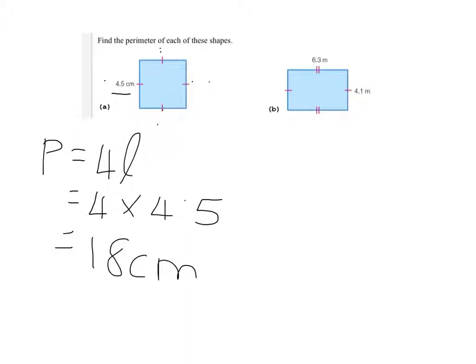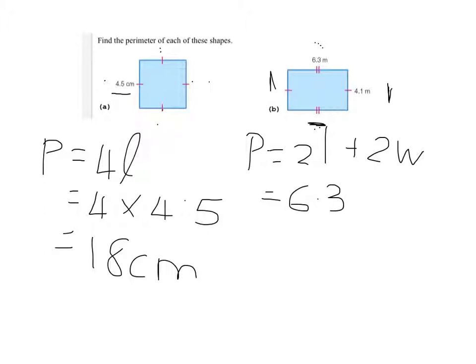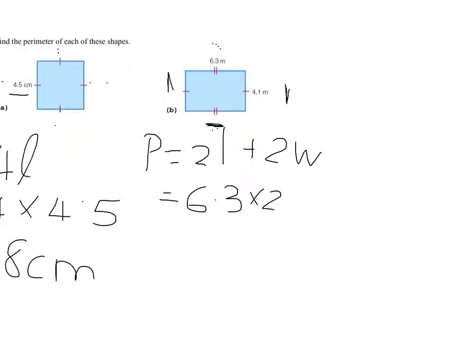Let's have a look here at this one. Now, remember we've got 2 lines there and we've got 2 lines there. So this is 6.3 meters and then so will that be. This is 4.1 and then that will be 4.1. So for this one, we're going to go P equals 2L plus 2W. Right, so what is 2L? So our long sides, our length is 6.3 times 2, plus 2 times 4.1.